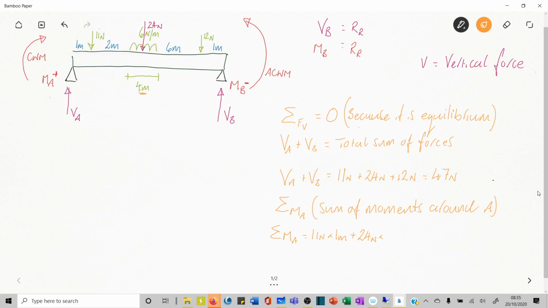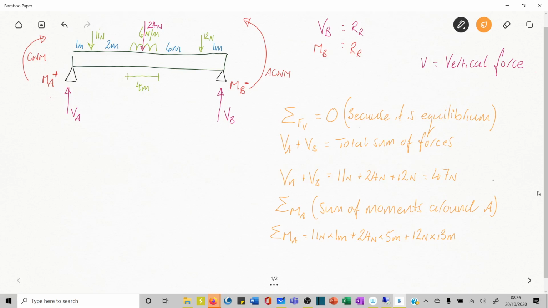From the left around moment A, we've got 1 meter plus 2 meters, half of that 4, because the 24 newton point load is smack in the middle of the 4 meters. So 2 plus 1 is 5, and that's where we get this 5 meter from. And then we've got plus 12 newtons times 13 meters.